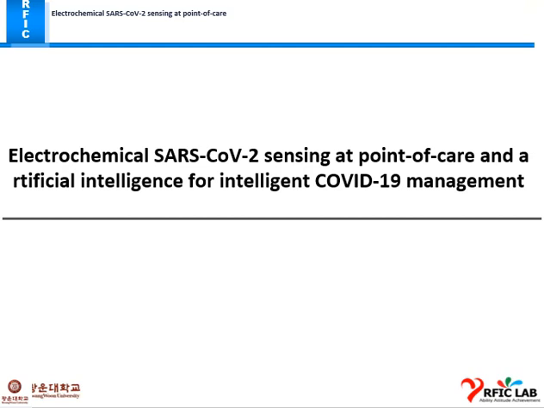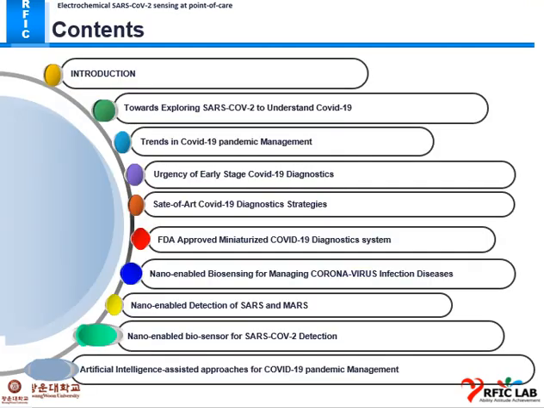So here we will discuss some management technology also. These are the contents of this management and detection technology. Basically it is state of the art. So I will discuss the state of the art later.